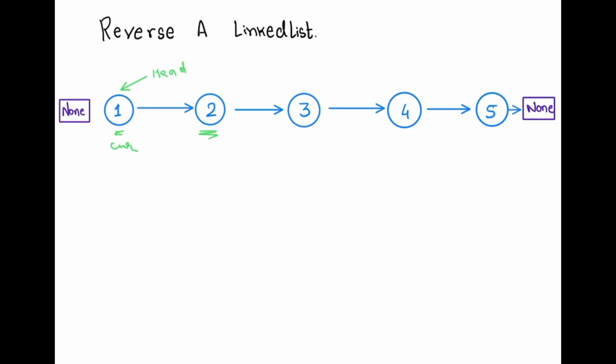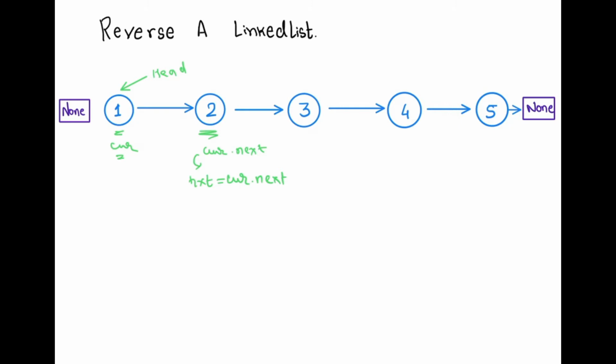This node is current. If this node is current, this node will be current.next. And we can store this value in a variable, let's say next. So next is a variable which has the current.next node reference or pointer stored in it.